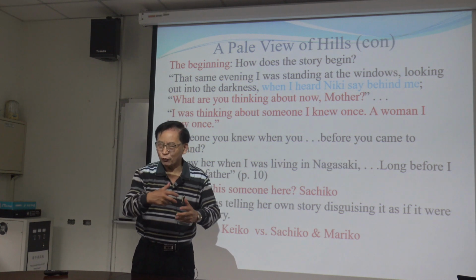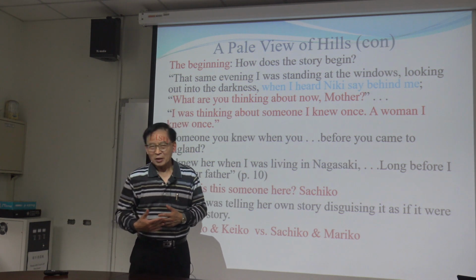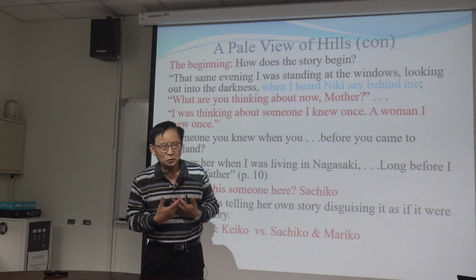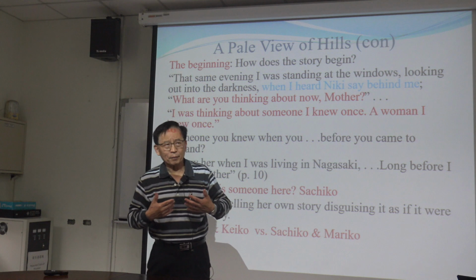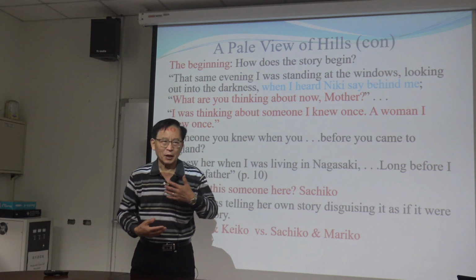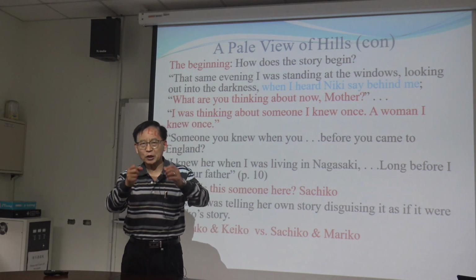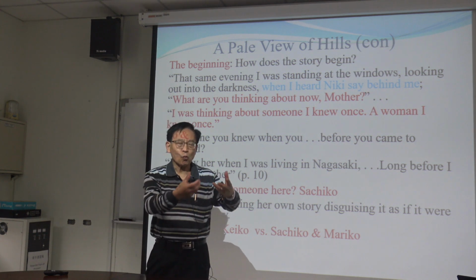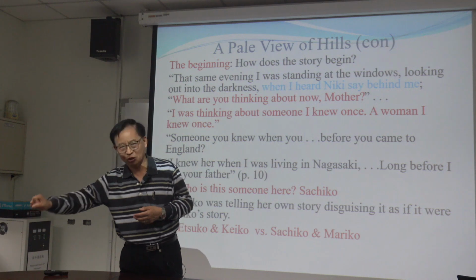So you see, even from the story, we can more or less feel the so-called prejudice and bias of the British over the Japanese. Or you could argue, of the West over the East.